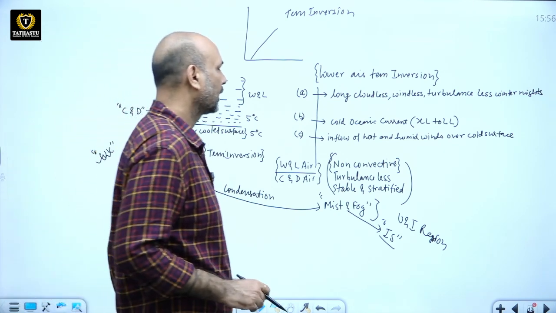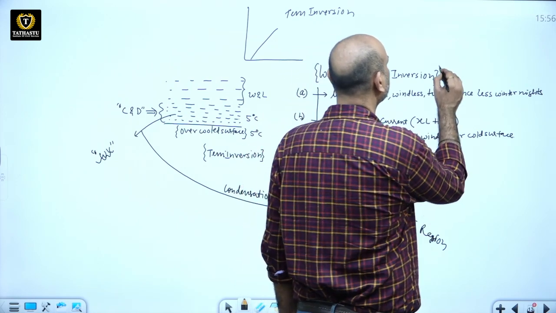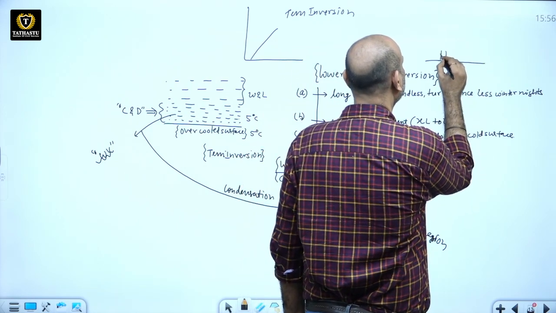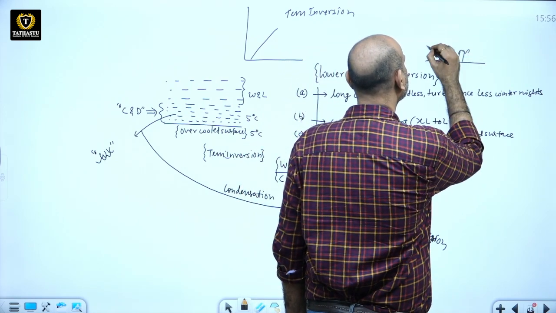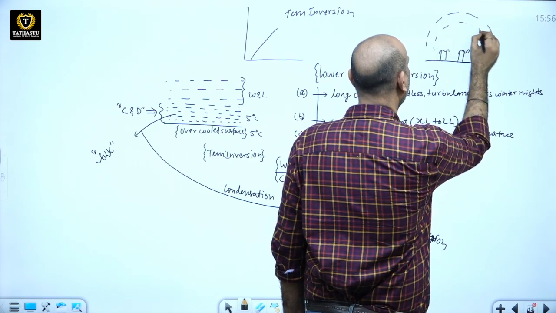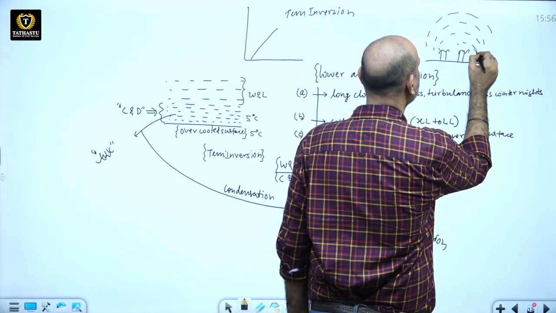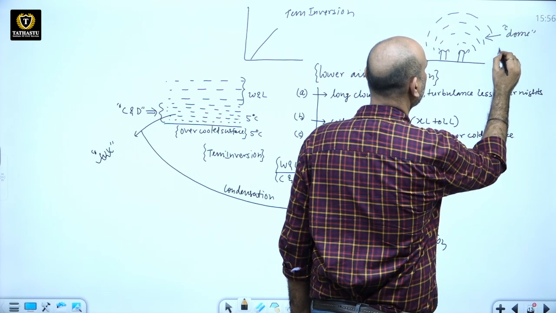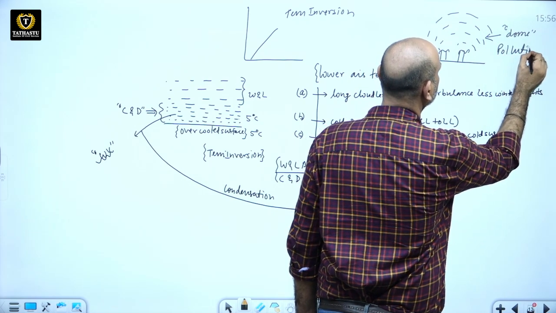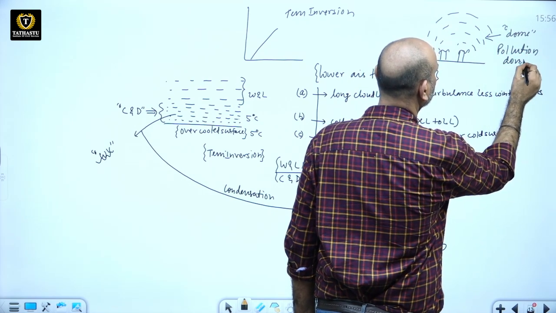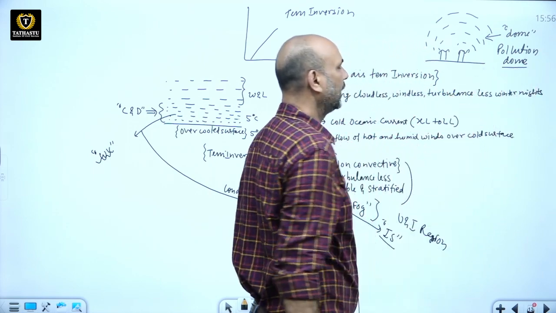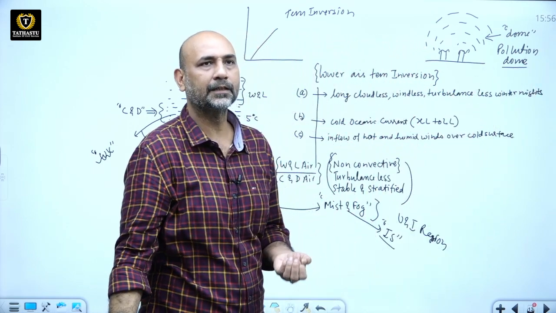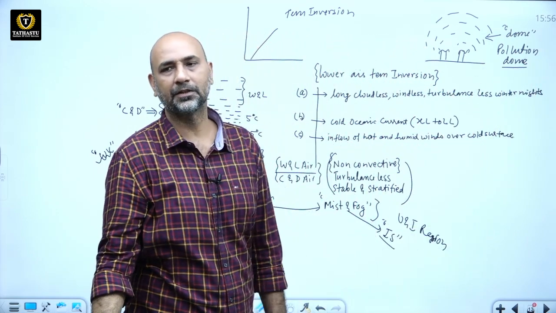Since atmospheric conditions are stable above industrial and urban regions, smog takes the form of a dome. That is called a pollution dome. Because windless, turbulence-less conditions are strengthened with temperature inversion.